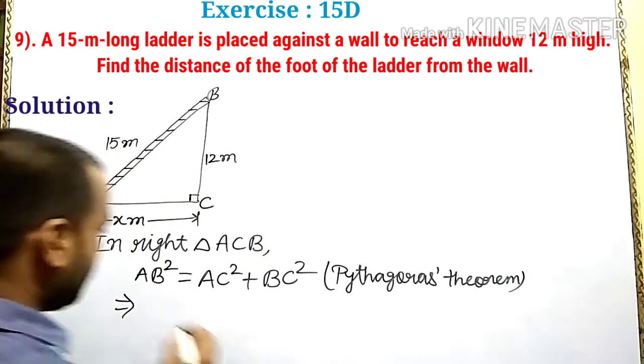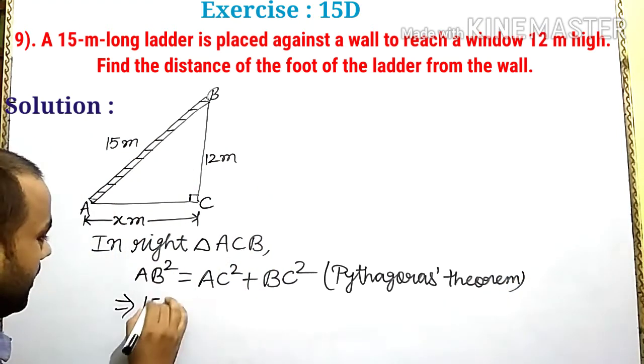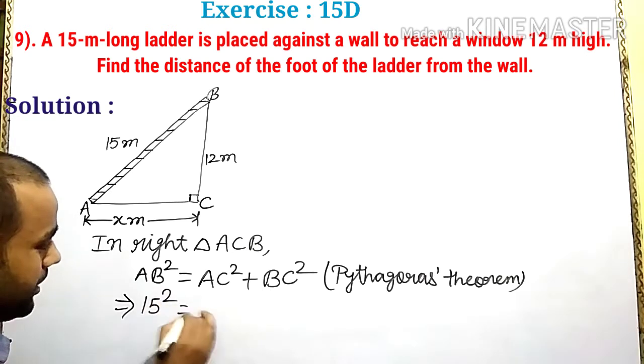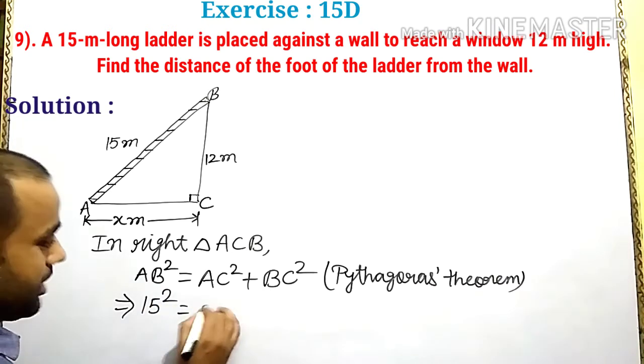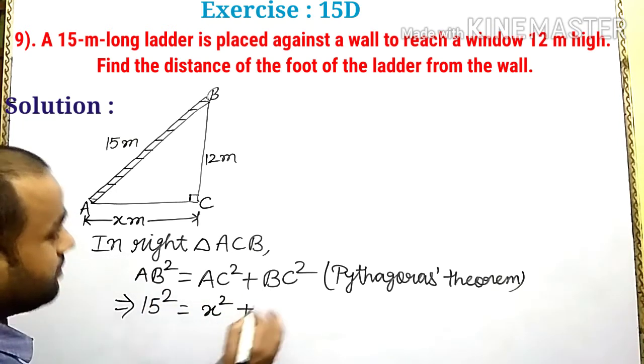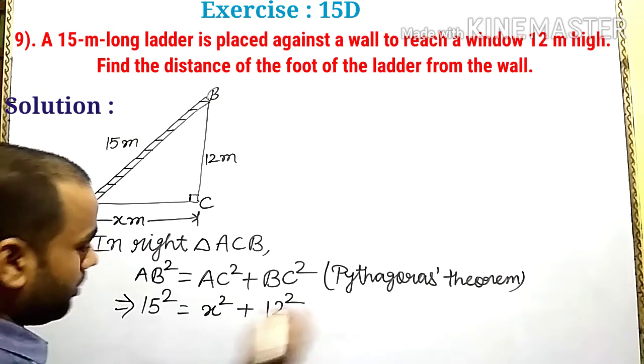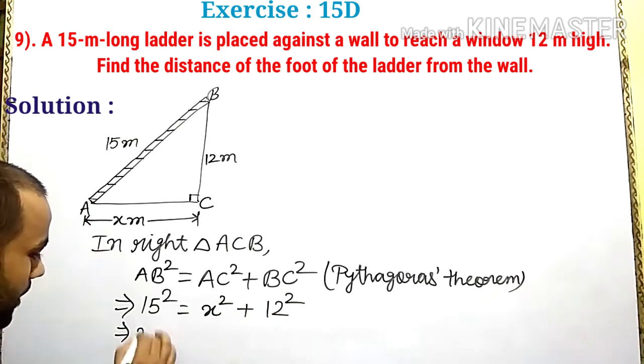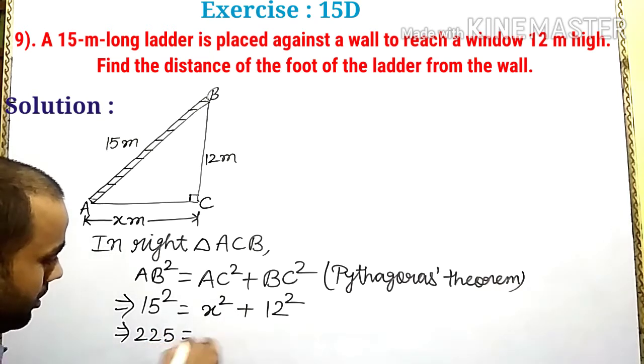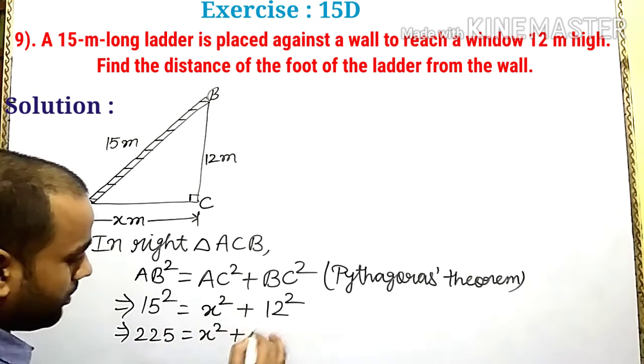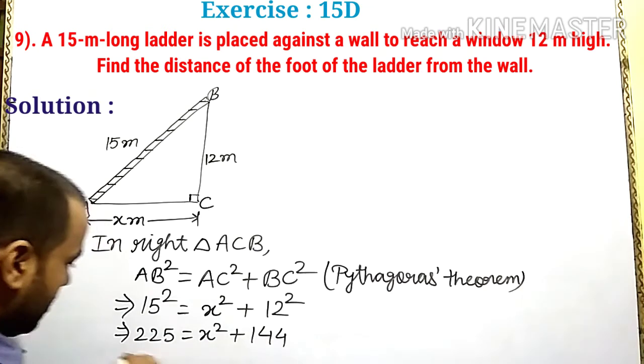Is it clear? Here AB is equal to 15, the square of 15. AC is equal to x, the square of x, plus BC is equal to 12, the square of 12. The square of 15, 225, is equal to x square plus the square of 12, 144.